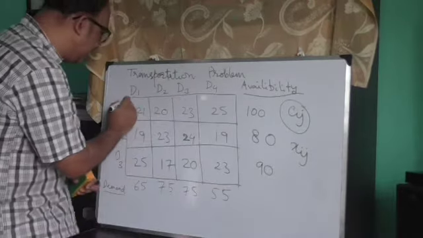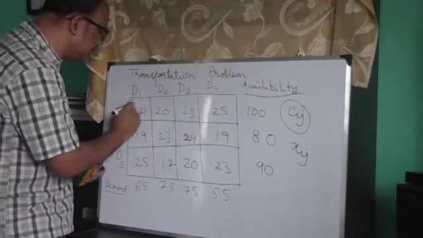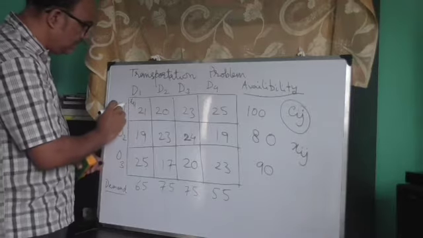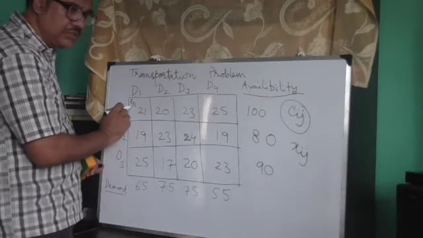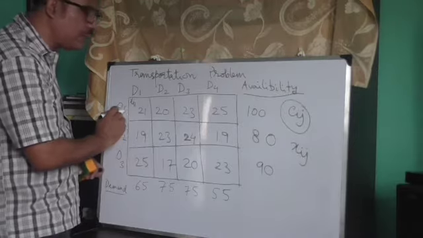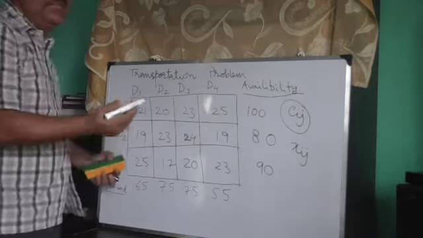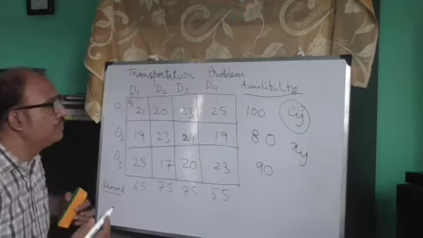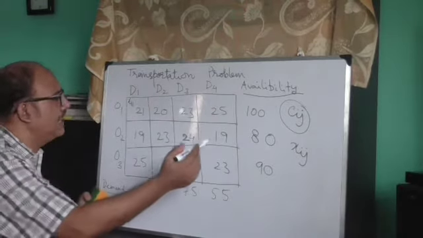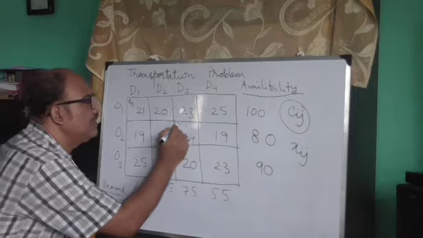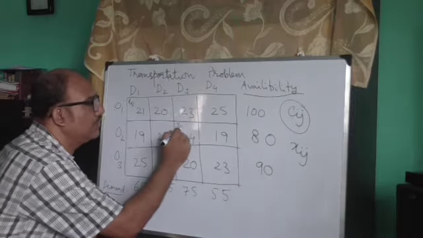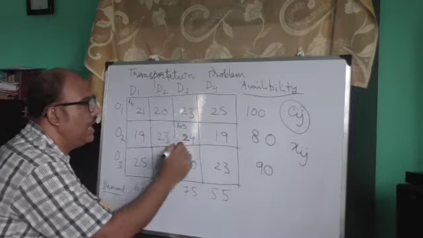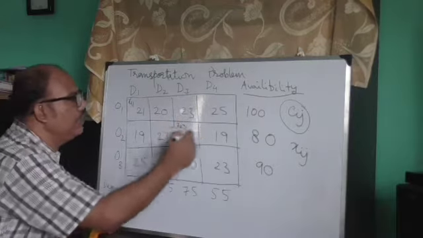So if I write x11, that means from origin 1 to destination 1 I have transported x11 units. Here xij is the generalized variable. In this case, the second row and third column will be x23, and similarly we can find out each one.